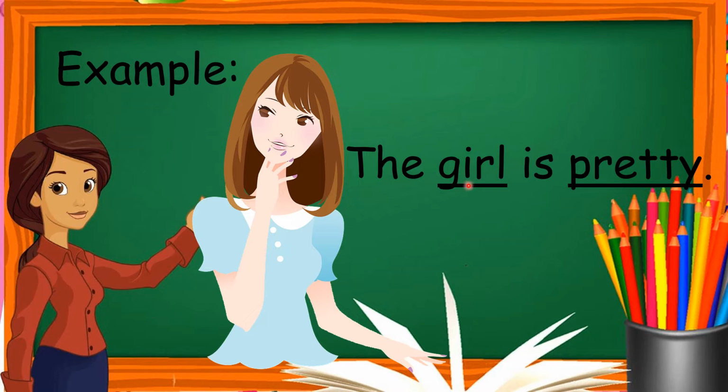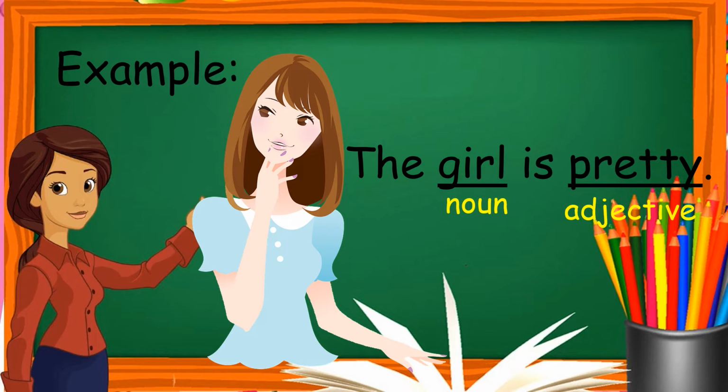Yes, that is a noun. And the word pretty is what we call the adjective. Pretty is an adjective. What is being described with the word pretty? Yes, the girl. Very good.